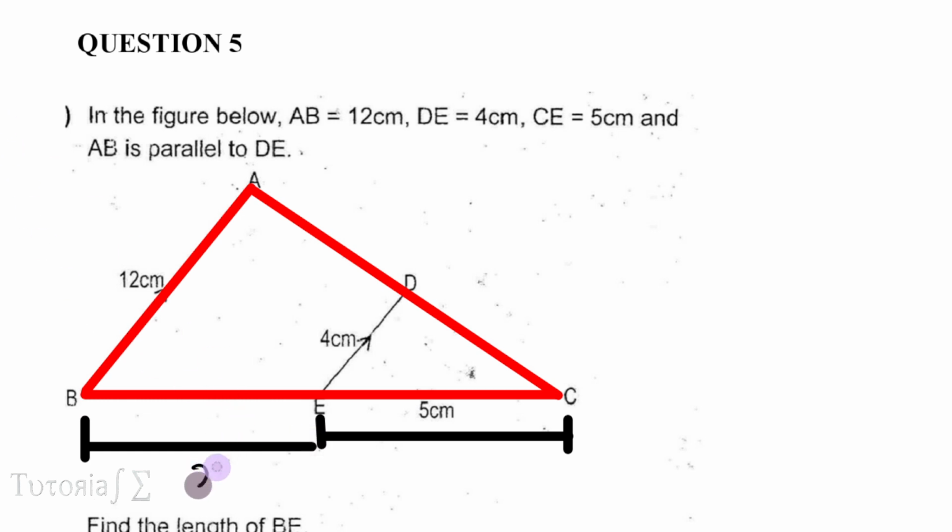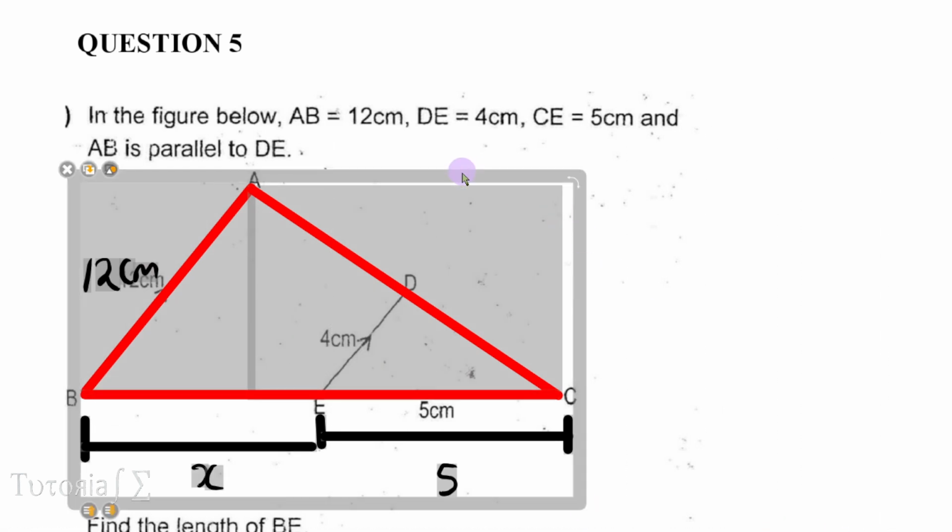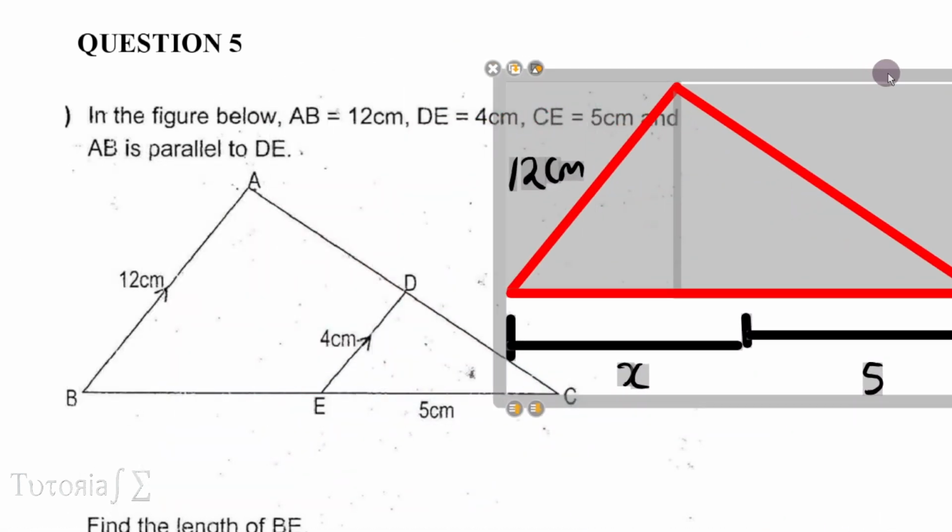So this is x, and that is 5 centimeters. Then this side is 12 centimeters. So we can just drag that out, and we are going to have that big triangle like that.